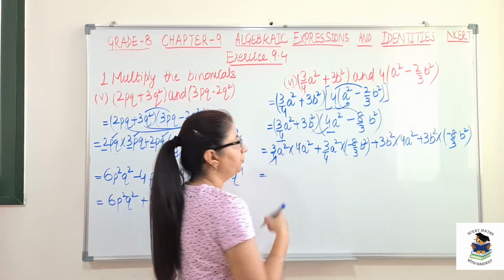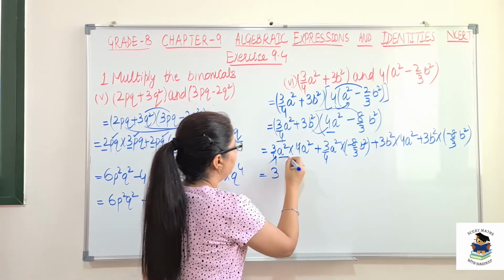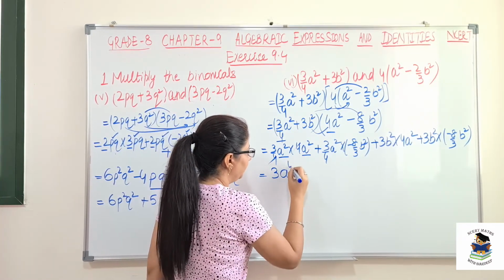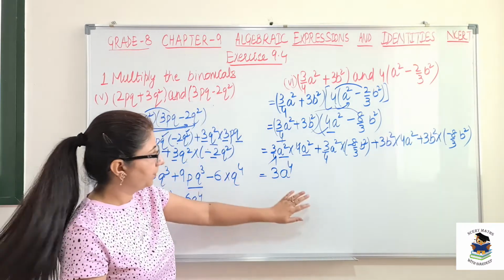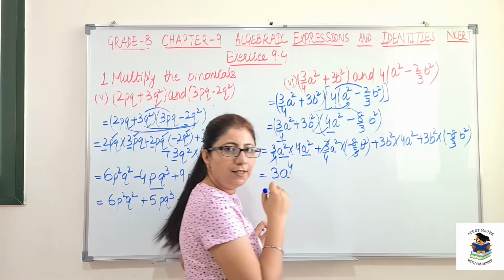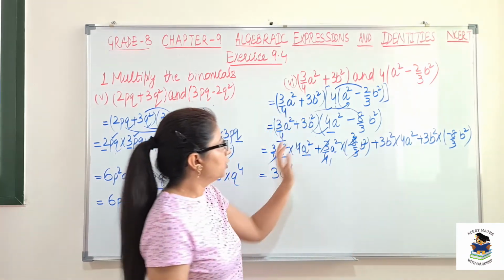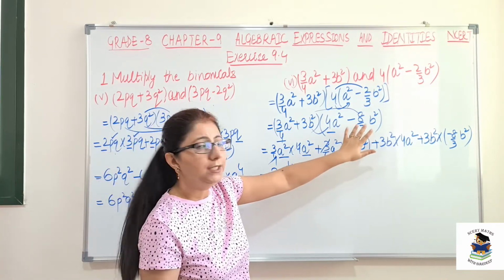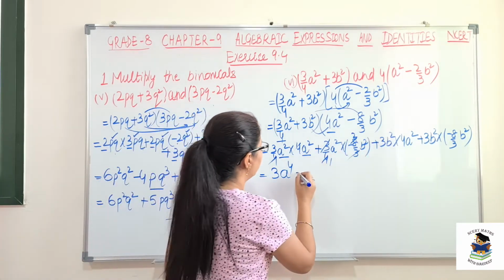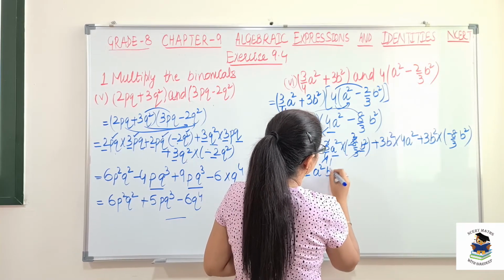See, 4 and 4 will get cancelled. So we will have 3 and a square into a square will give me a 4. Correct? So next is again 3 and 3 will get cancelled and 4 ones are 4, 4 twos are 8. So we will be left with only minus 2 as numerical coefficient. So I will write minus 2 a square into b square.